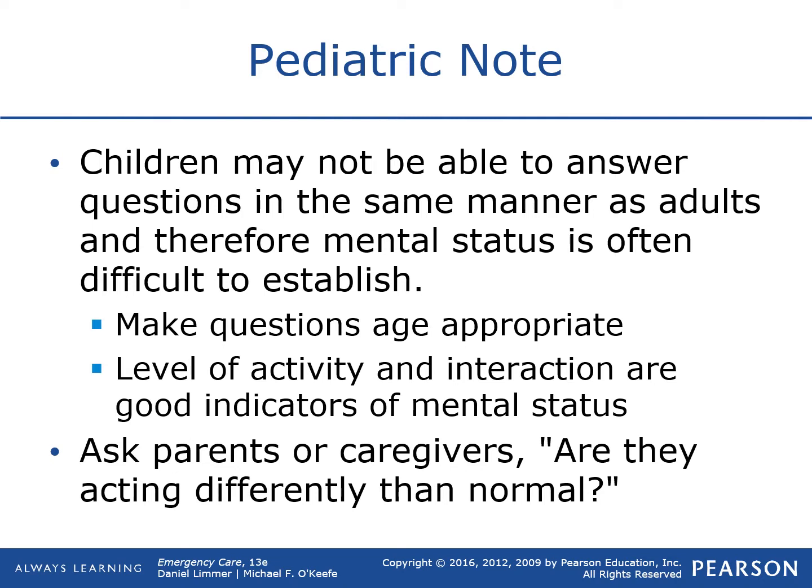So this is where we really need to tailor our questions to make them age appropriate, and sometimes we won't be able to fully assess some of the questions. So this is where we look at the patient's general level of activity and their interaction with us. A 4-year-old should interact with us and probably be a little scared sometimes.